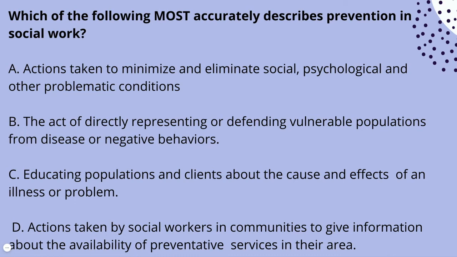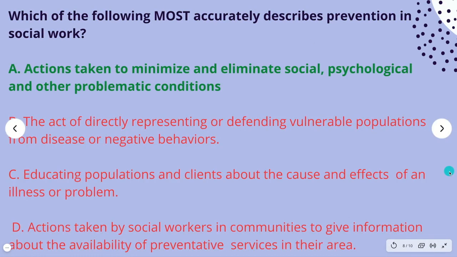A lot of times in prevention work, as you're moving up the triangle, there's different ways that we can defend vulnerable populations other than just directly representing them. That's not an accurate description. There's a lot of words in there that are used as distractors, so B would be out, which leads us to our answer choice A.